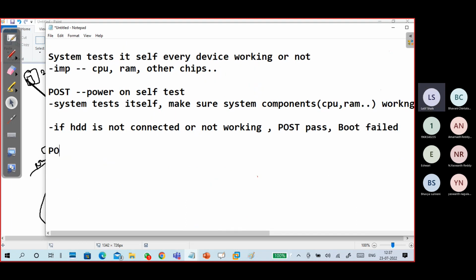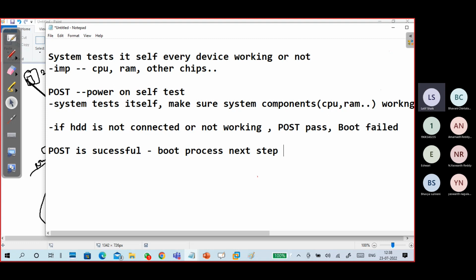Guys, again, once post is successful, the boot processing goes for next step. In a boot processing, it goes to next step.